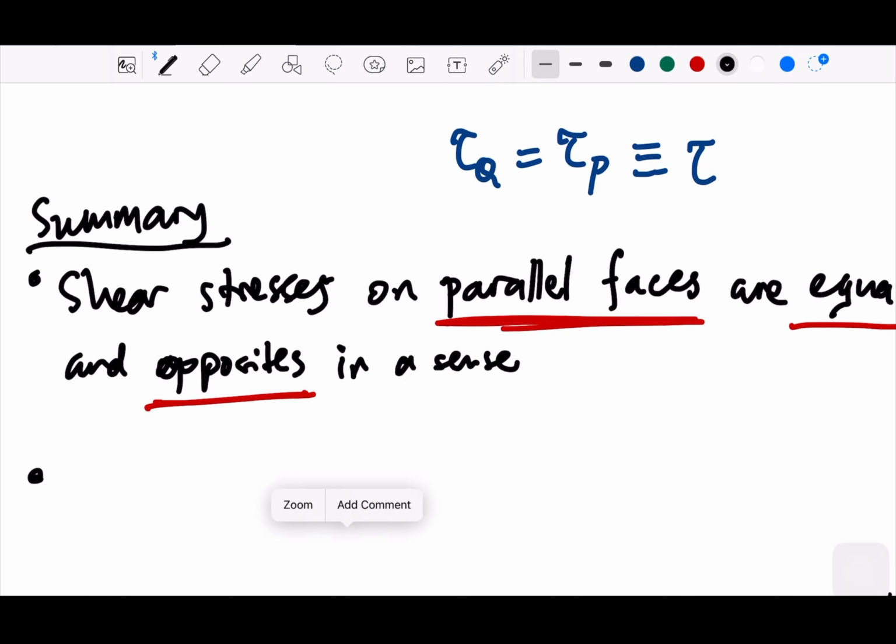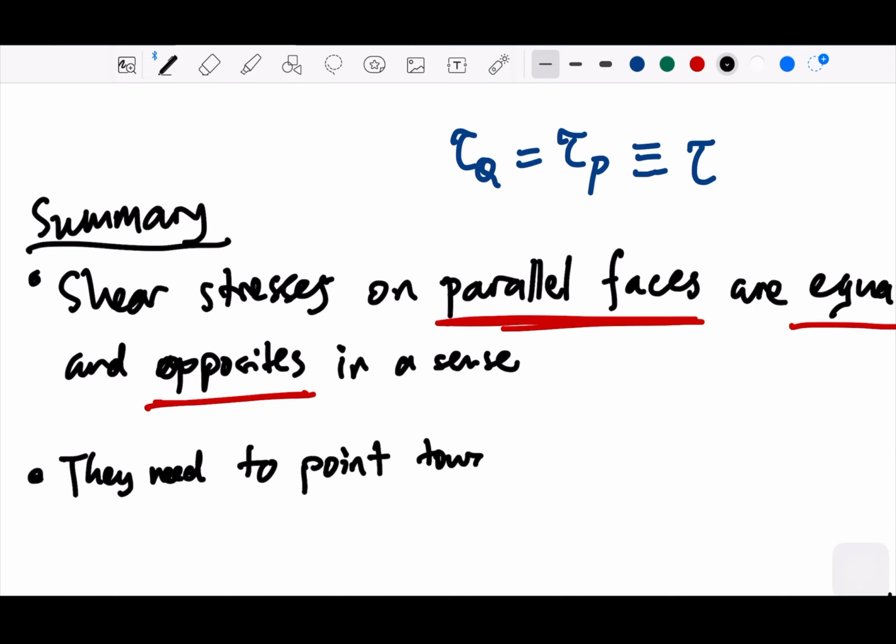And then one more thing, they need to point toward the intersection.